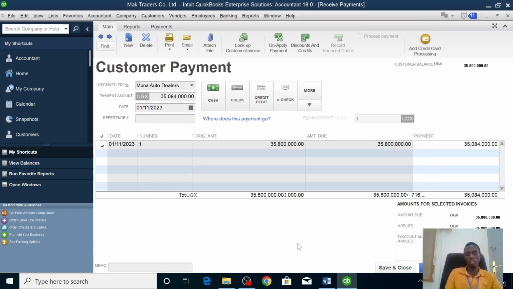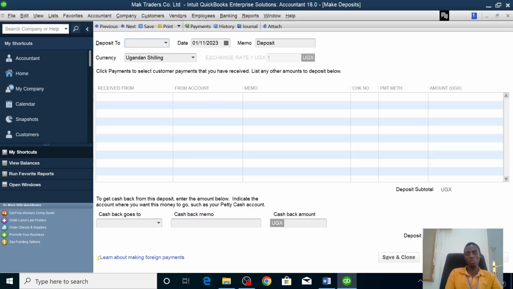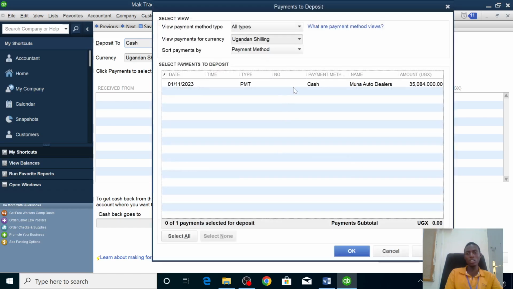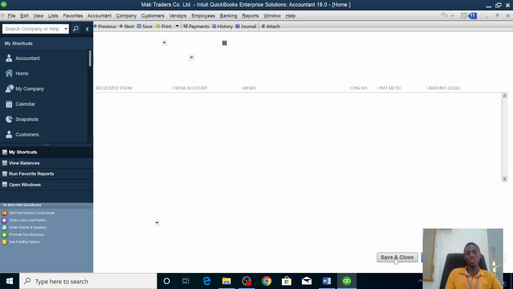Come here and say done and save and close. So I have to deposit this amount. I select here. Since it was by cash, it's to be on cash account. Save and close.